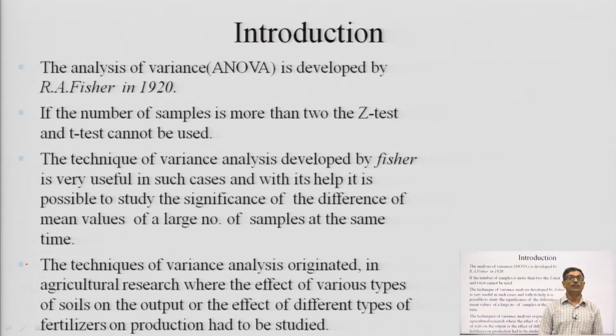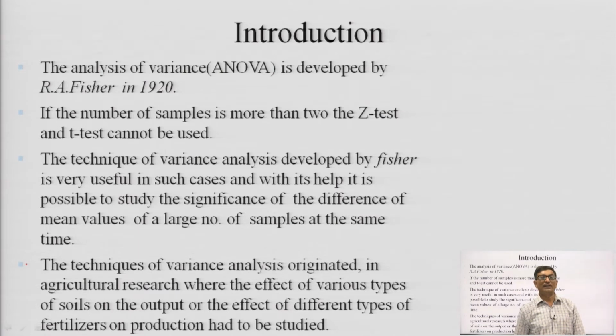The analysis of variance, or ANOVA, was developed by R. A. Fisher in 1920. If the number of samples is more than 2, then the Z test and the T test cannot be used. The technique of analysis of variance developed by Fisher is very useful in such cases, and with its help it is possible to study the significance of the difference of the mean values of a large number of samples at the same time.